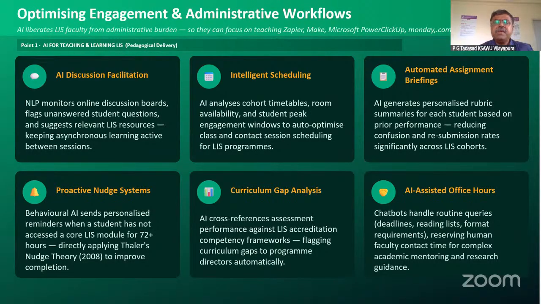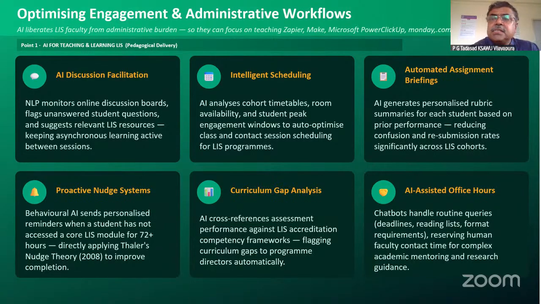A behavioral AI sends personalized reminders when a student has not accessed the core LIS module, a nudge system. So after 3 days have passed and you have not attempted it, it asks general things and elicits data from him. So that helps.